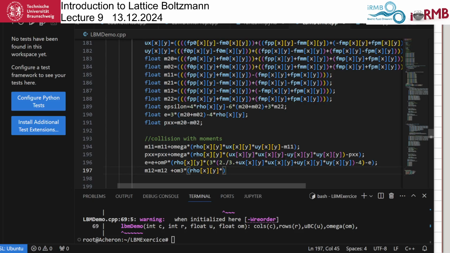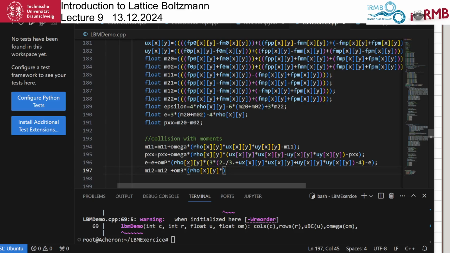The thing that you should remember is you can generate the equilibrium of a moment by taking the product of the individual moments. So it's the one for M10 times the one for M02, and you have to divide by rho.